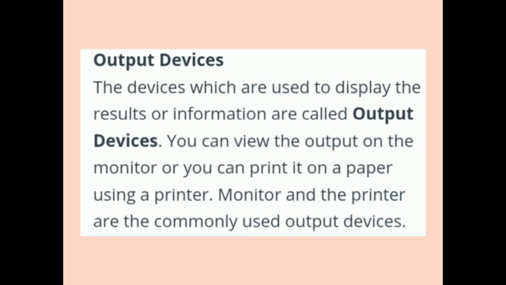The examples for output devices are monitor and printer. To display any information, we need a screen. That screen is known as an output device, and examples are monitor and printer.